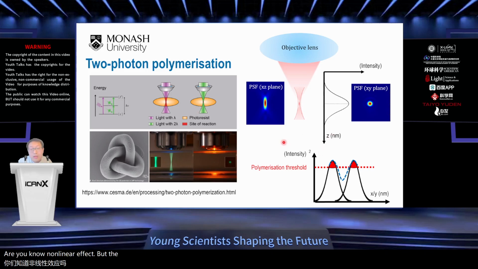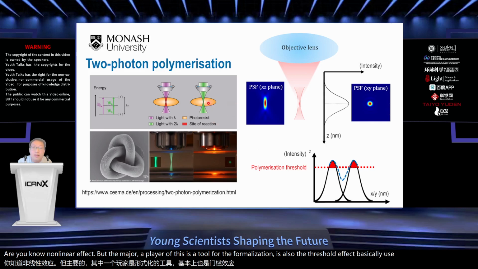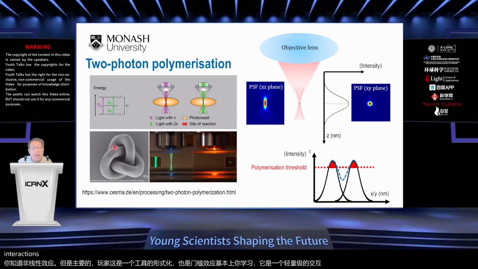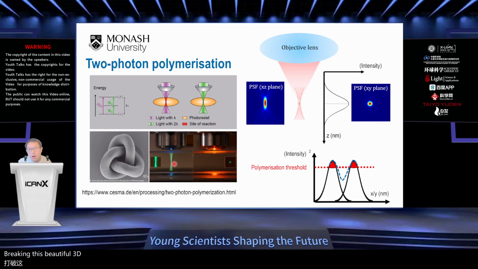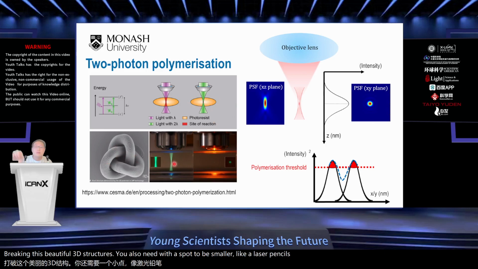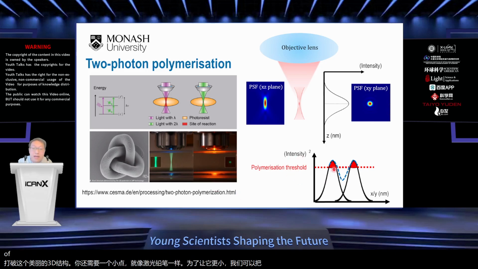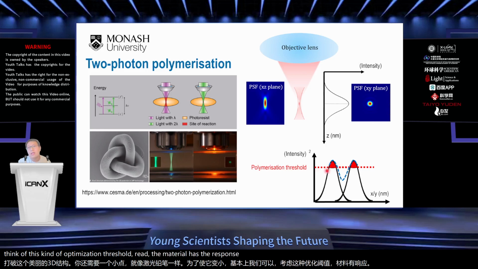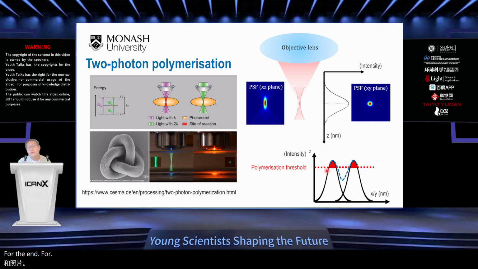But the major player in two-photon polymerization is also the threshold effect. Basically, you study the light-matter interactions. To create these beautiful 3D structures, you also need the spot to be small, like a laser pencil. To make it smaller, we can think of a polymerization threshold: the material responds once it reaches a strong enough energy dose of photon energy, so that part can be polymerized.